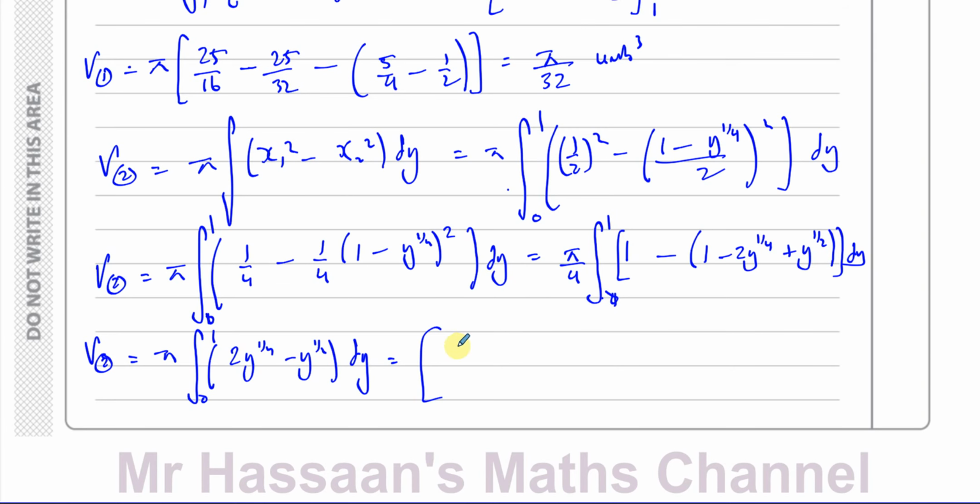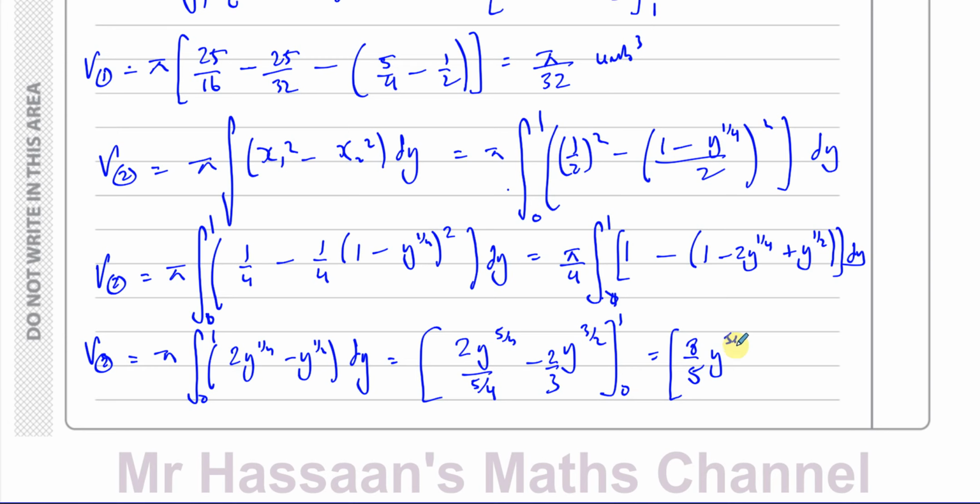I add 1 to the power, so I have 2y. If I add 1 to a quarter, I get 5 over 4, then I have to divide by 5 over 4. Minus y, if I add 1 to the power, I get 3 over 2, so I have to divide by 3 over 2, which is like multiplying by 2/3. And I have my limits of 0 and 1. So let me just simplify this. 2 divided by 5 over 4 is like 2 times 4 over 5, which is 8 over 5.